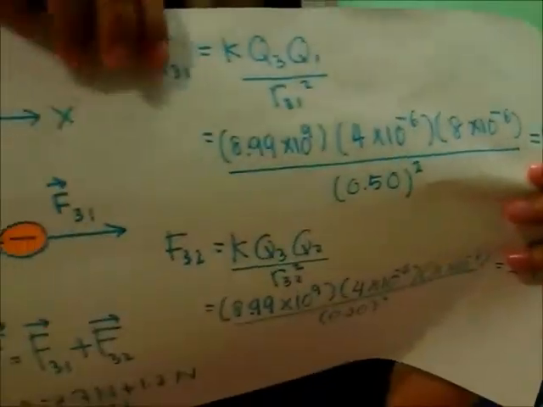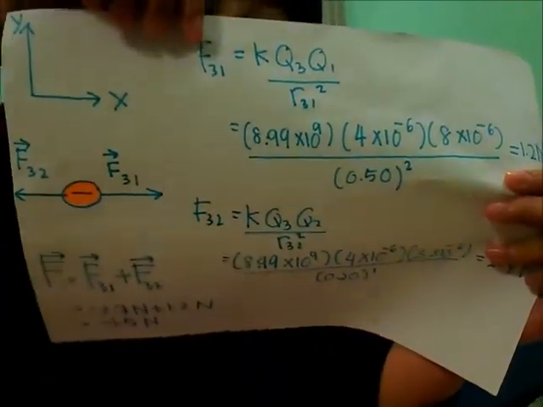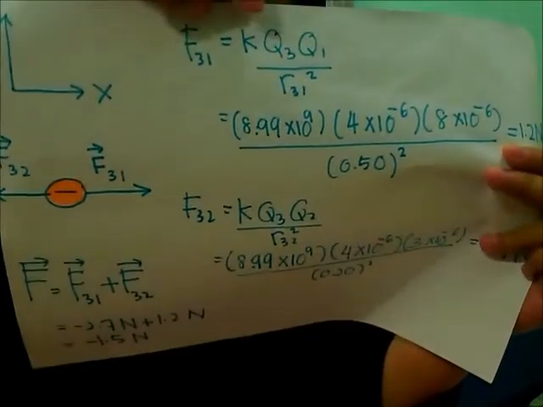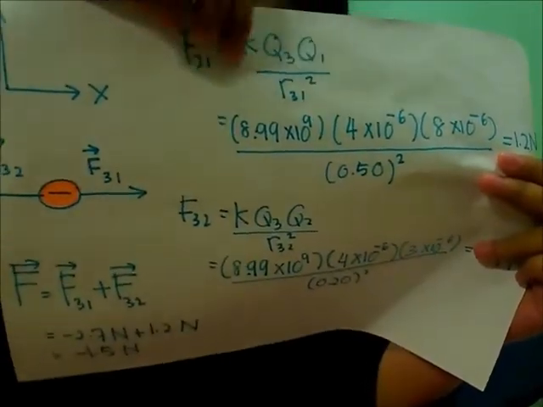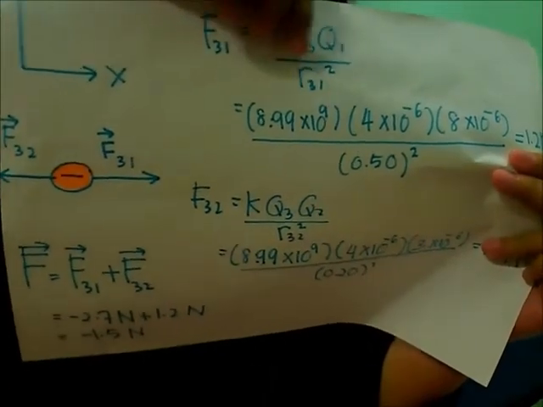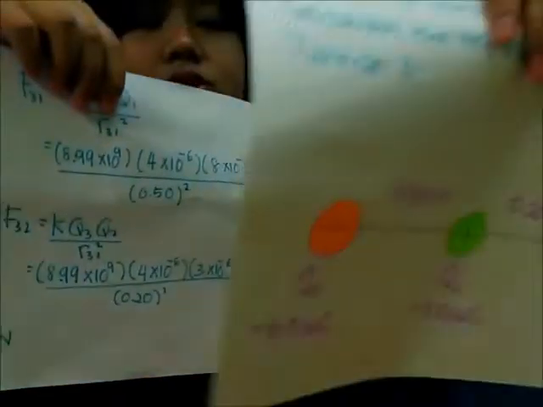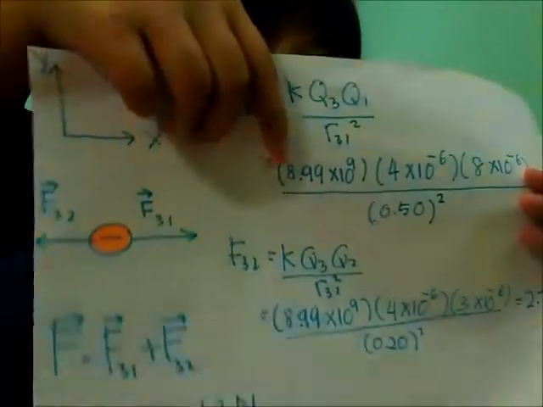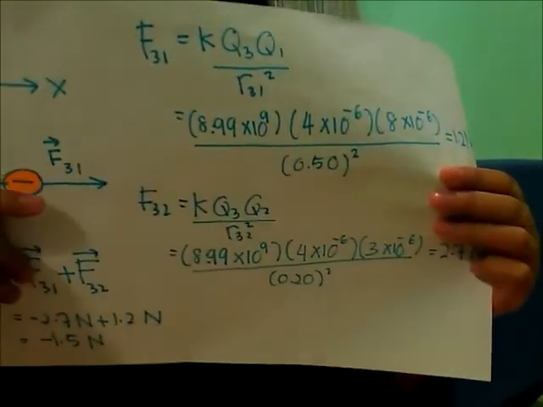Now we are looking for F31, meaning the electrostatic force on Q3 due to Q1. So the first charge is going to be Q3, the second charge is going to be Q1, and the distance is between Q3 and Q1. First we insert into the formula. K constant, as I told you before, 8.99 times 10 to the power of 9.